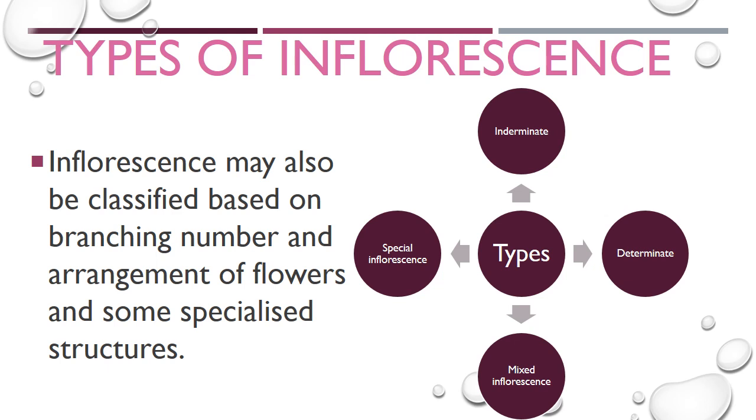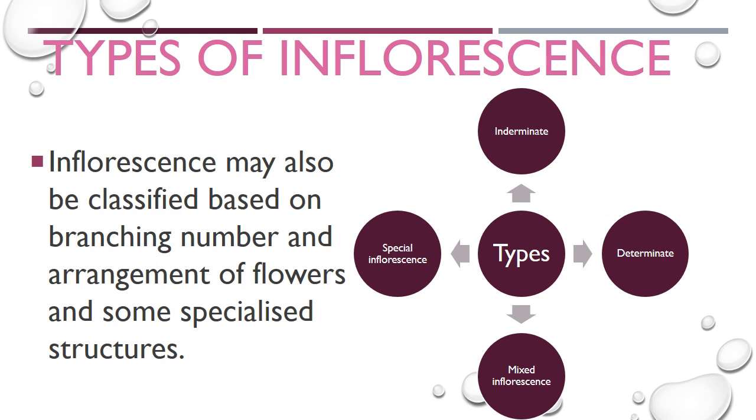These are also types of inflorescence, but these types are classified based on branching number and arrangement of flowers. Before, the classification was based on the position of the flowers. Here it is based on branching number and arrangement of flowers. This is a very specialized structure. What are they?